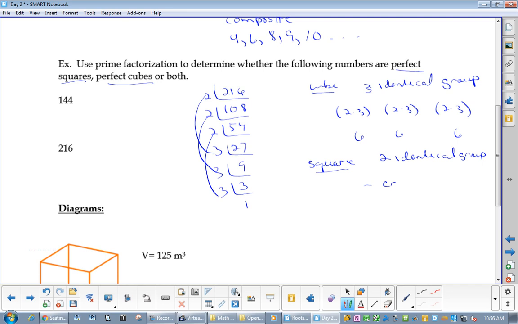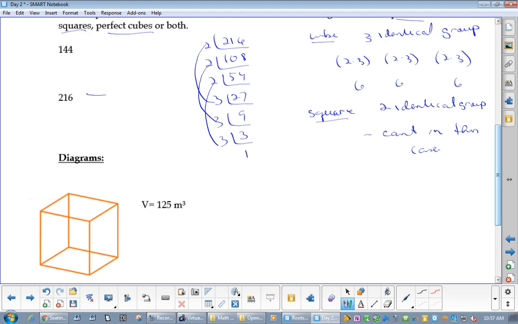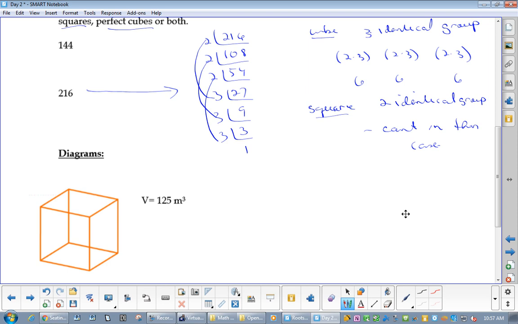So can't in this case. Well, no, I need 3 identical groups for cube. I need 2 identical groups for square. So why don't I do 144?